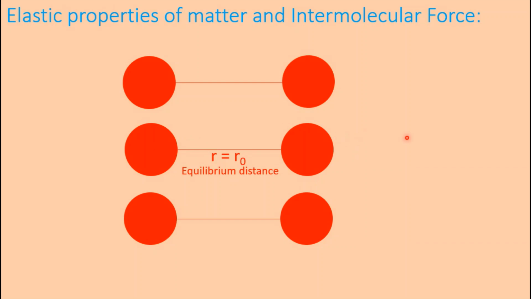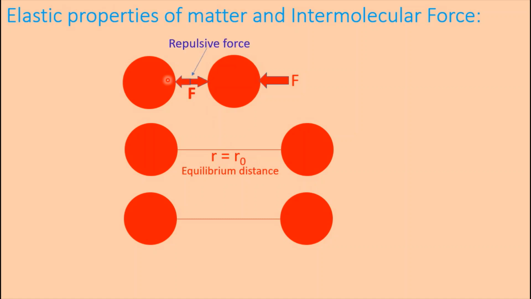Now if an external force is applied and the body is compressed, due to this applied force the intermolecular distance is decreased, and as this distance is less than the equilibrium distance r0, a repulsive force will be created.